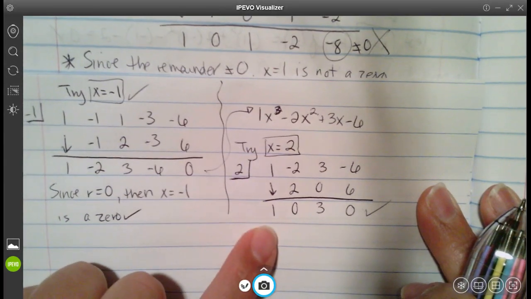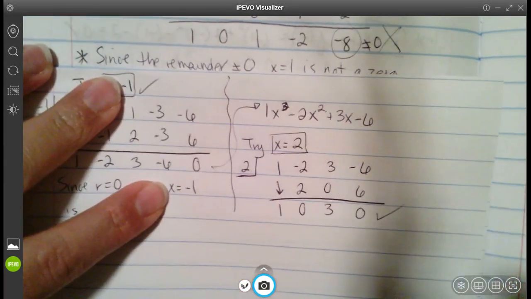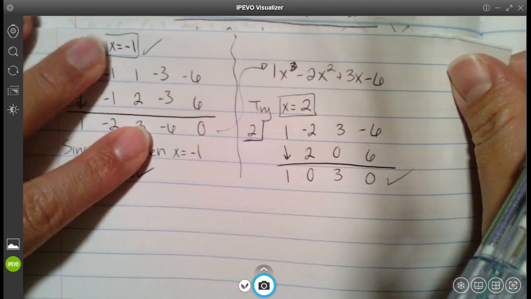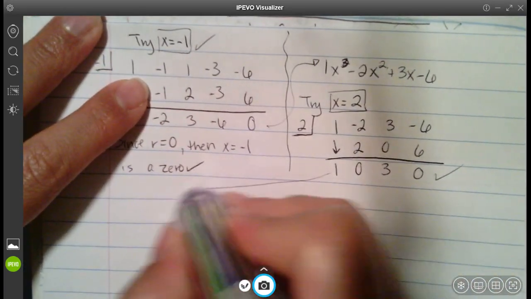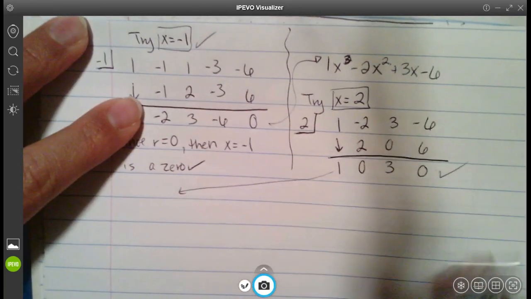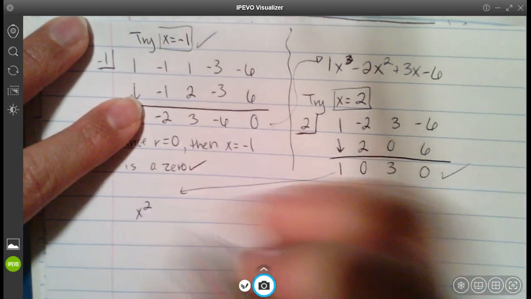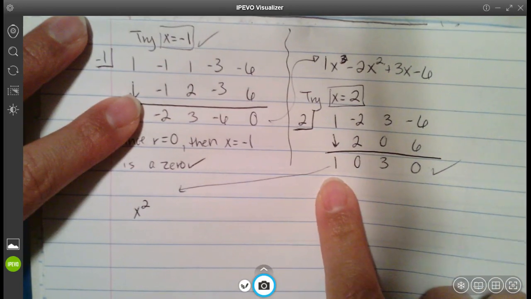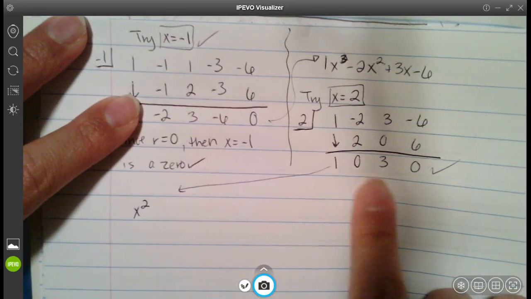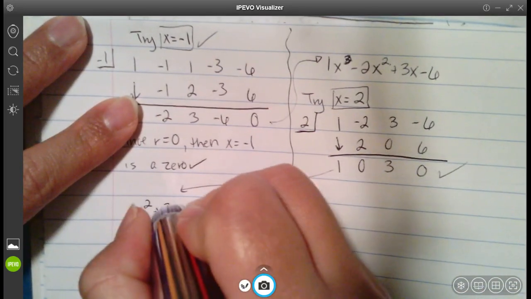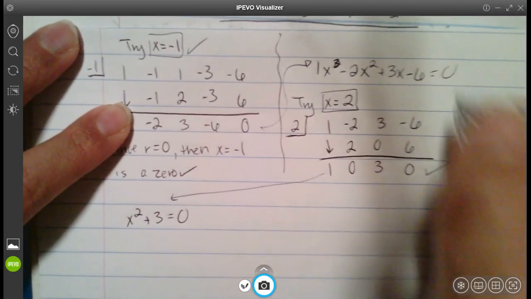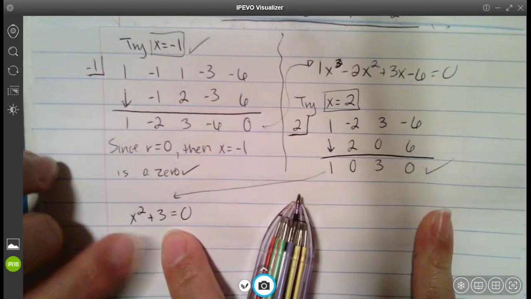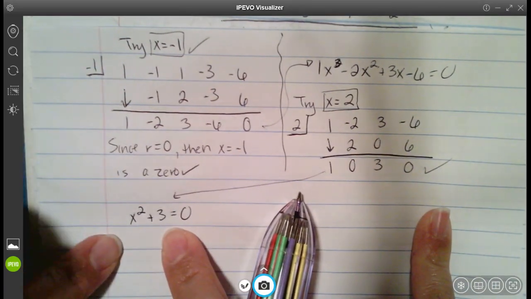And then from this one, if I were to rewrite it, you're going to see that it looks a little interesting. This right here is going to be x squared plus 0x plus 3. If I set that equal to 0, you're going to see that we can probably solve it straight out. We don't have to do any synthetic division with this one.